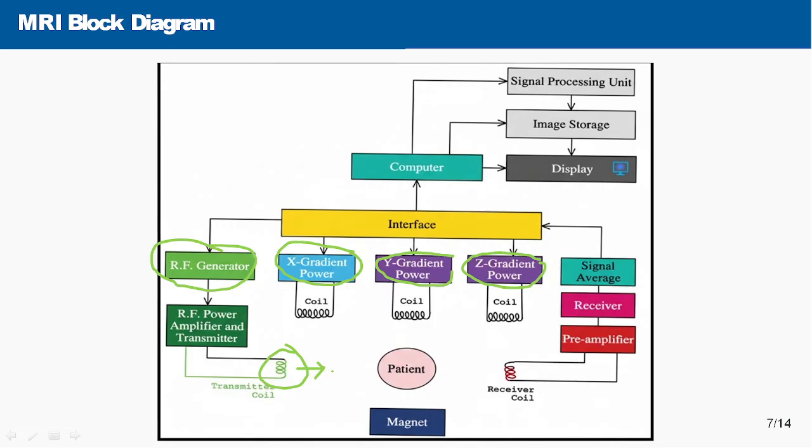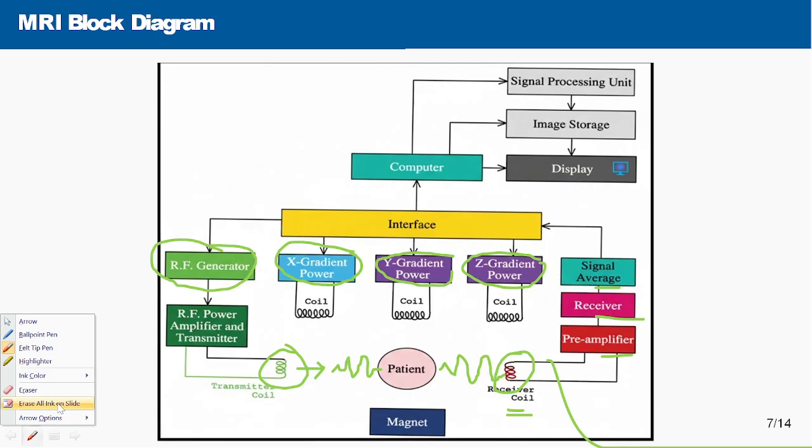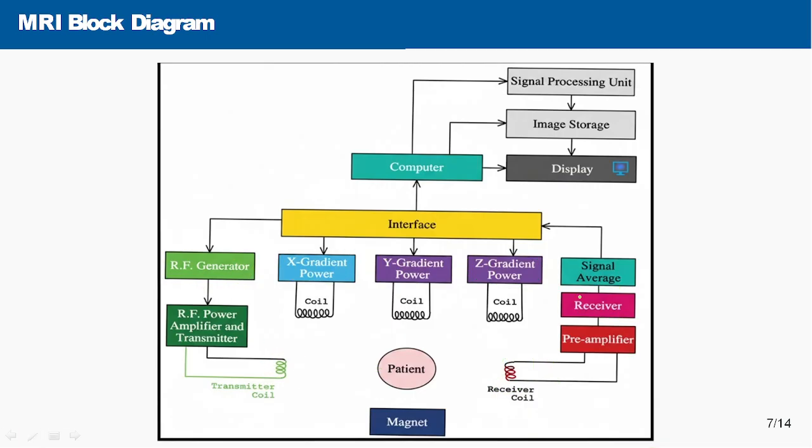This signal will pass through the patient, and again the T1, T2 relaxation will come when we withdraw that signal, and that will also release some energy as an RF signal that is captured by the receiver coil, and the equivalent current will be sent through a pre-amplifier, and the signal will be sent to the interfacing computer, and the computer will process and display that. This is the simple block diagram explaining the working principle of magnetic resonance imaging.